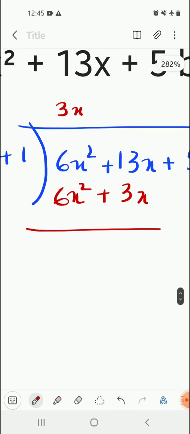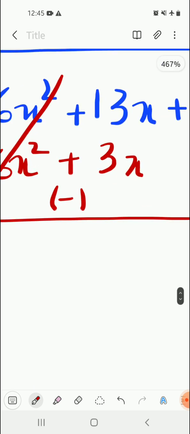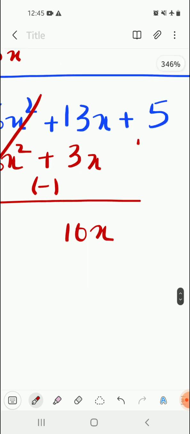Now, as we know, we have to subtract. So where nothing was written, it means it was plus, so it becomes minus, and this becomes minus as well. This gets cancelled, 6x square minus 6x square. Now, 13x minus 3x. So it would become 10x, and this plus 5 moves down.